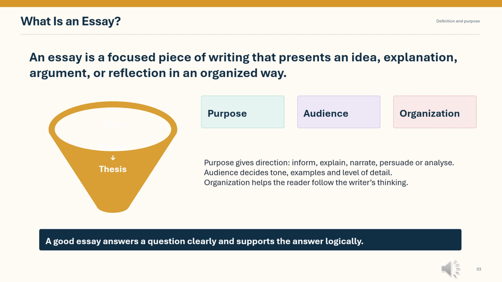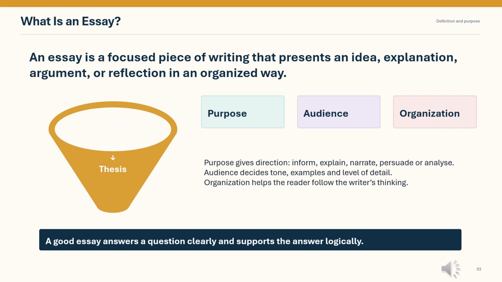For example, education, or let's take social media or technology. But a topic is usually broad. So we need to narrow it down and focus on it. Instead of writing generally on education, we may focus on the role of online learning in education.